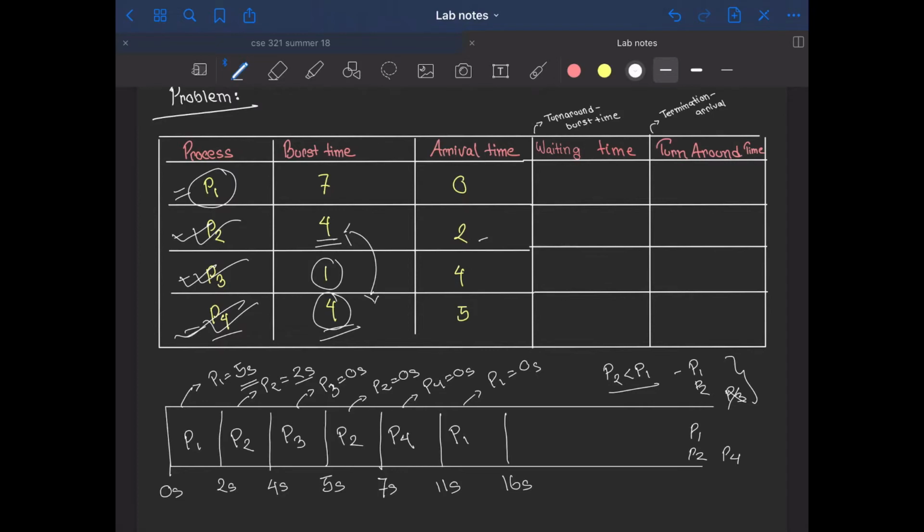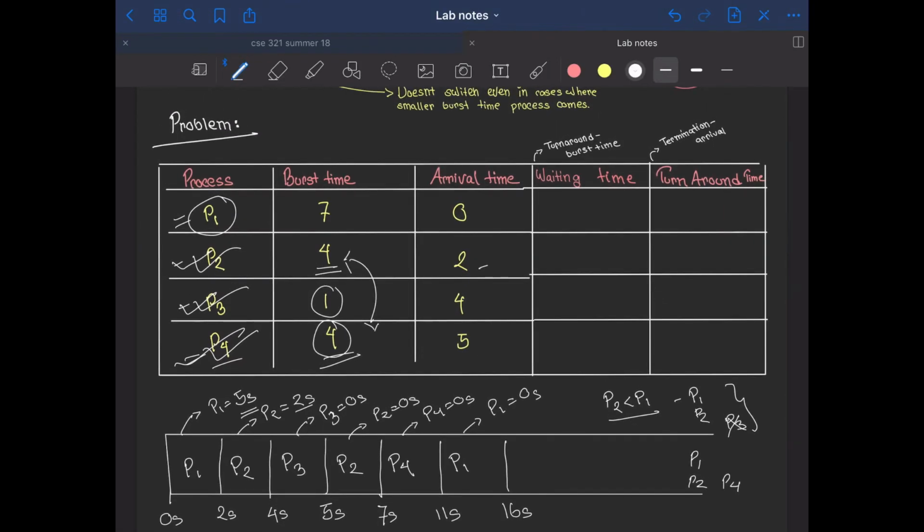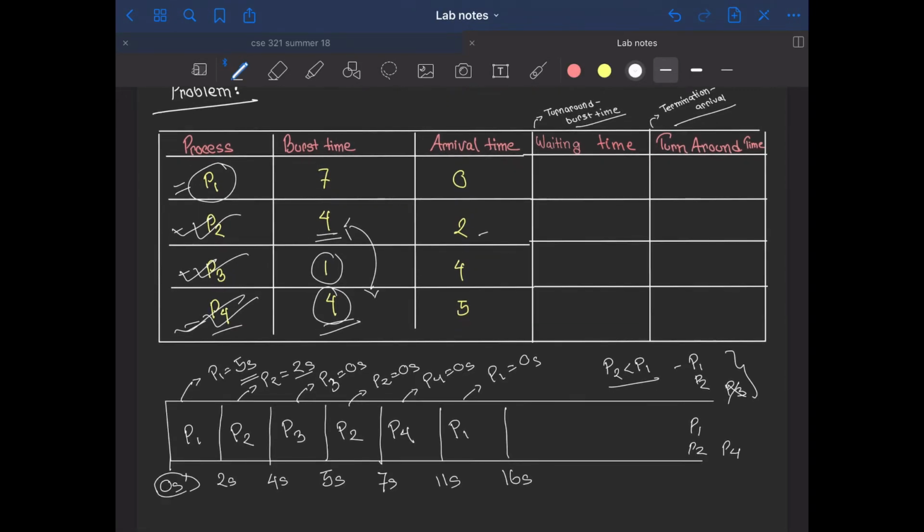Now let's calculate the waiting time and turnaround time. Always remember these are the formulas for waiting time and turnaround time. P1 comes at the 0th second, and it leaves the RAM at the 16th second.